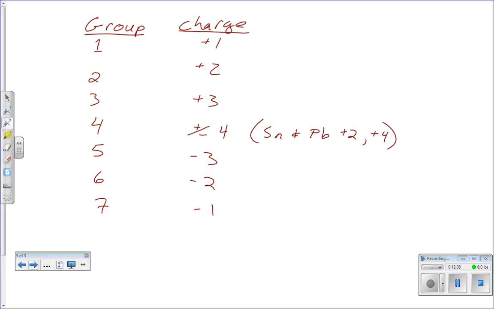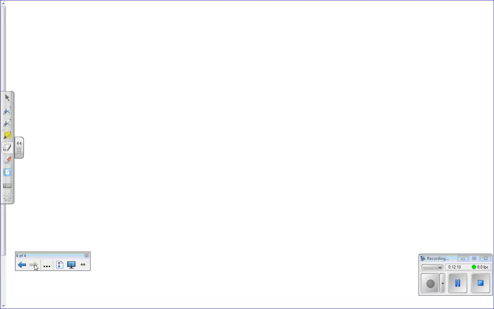So, since we know what charges they are, we can do things like, let's say we want to make a compound out of calcium and nitrogen.